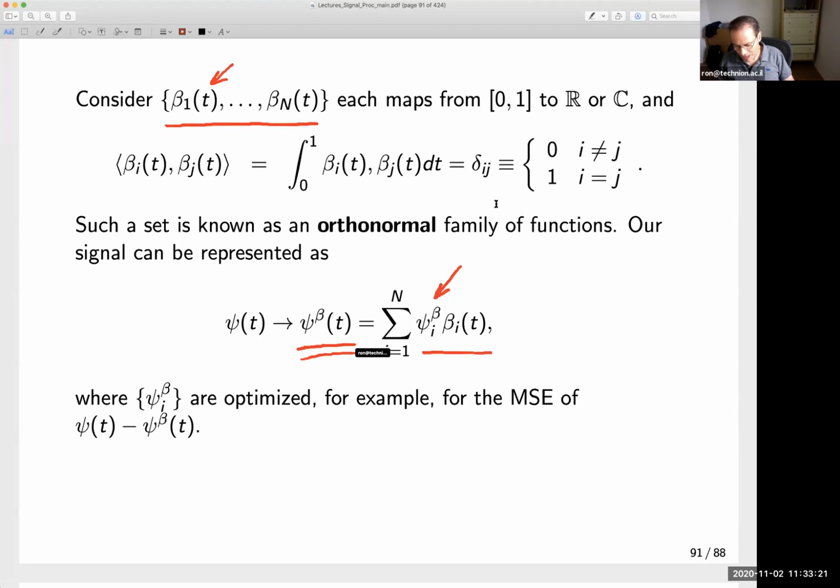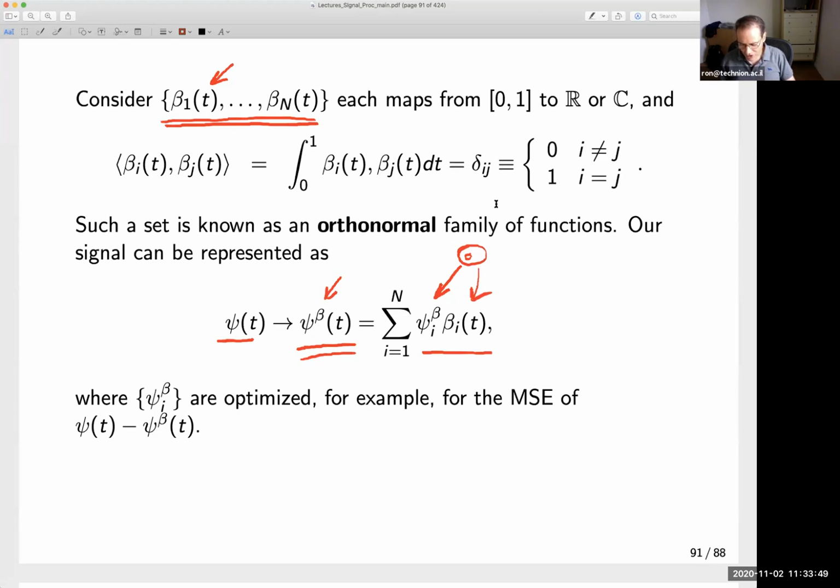And we write it psi with a small beta at the top, okay? So this is my approximation of psi by projecting, I mean, we didn't say project yet, but in a moment we will show that projecting it onto this orthonormal family is the right way to go. But this would be a way of representing psi by a linear combination of the beta functions, okay?